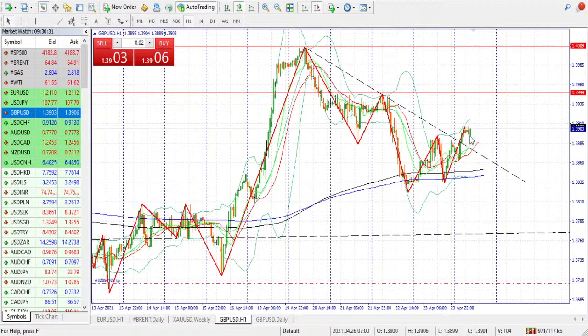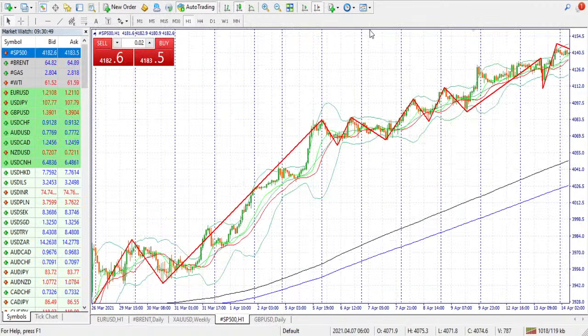So this is a good place to look for when if the price can come back towards this trend line, then this will be a good place where we want to look for a buy from up to around 1.3949.